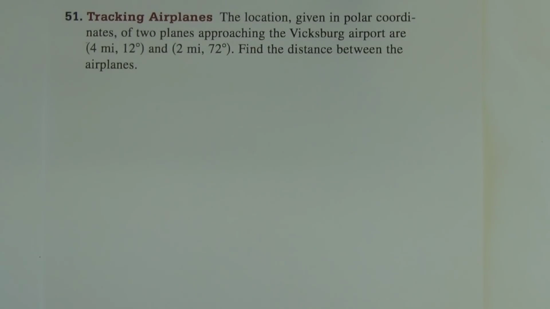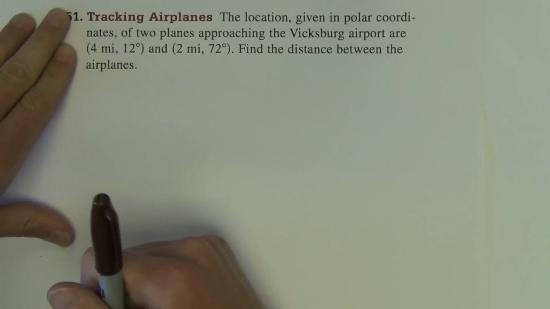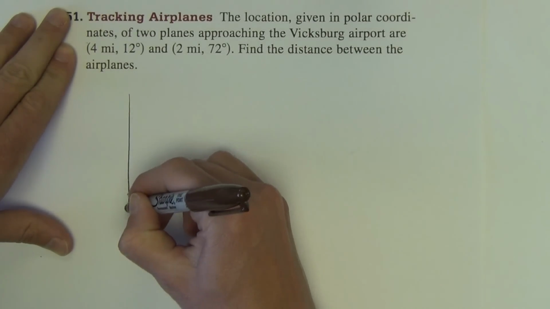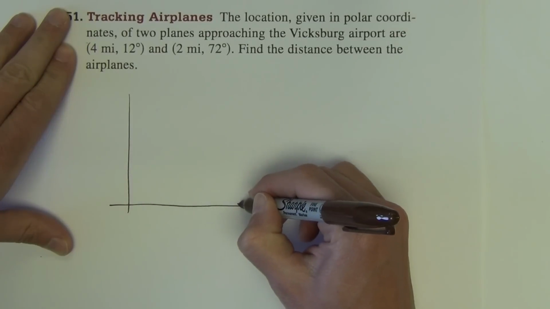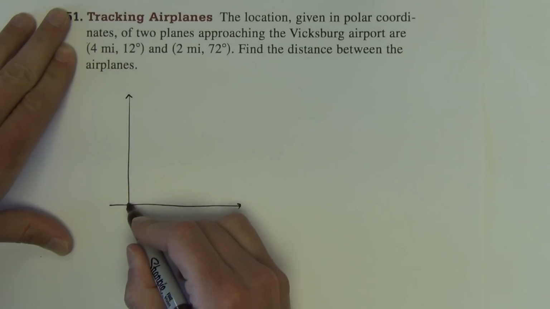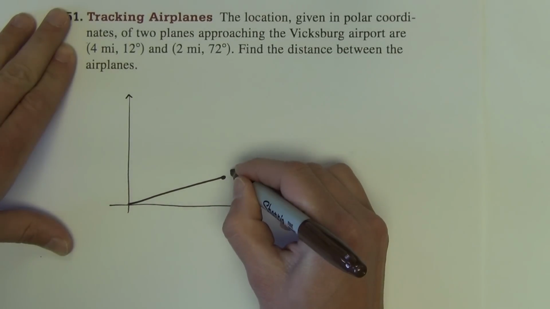In this last example, a little application, the location given in polar coordinates of two planes approaching Vicksburg Airport. So let's see, we've got 12 degrees, 4 miles, so 12 degrees, 4 miles, maybe that's about here.